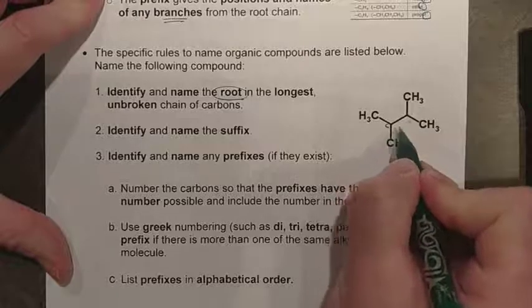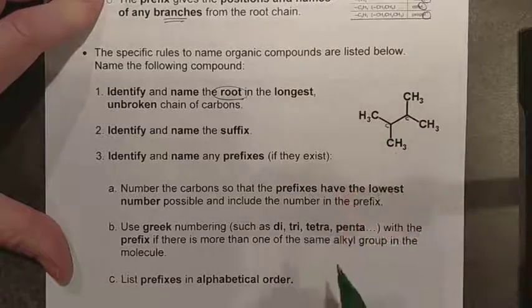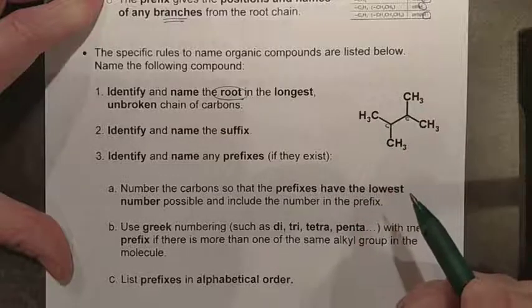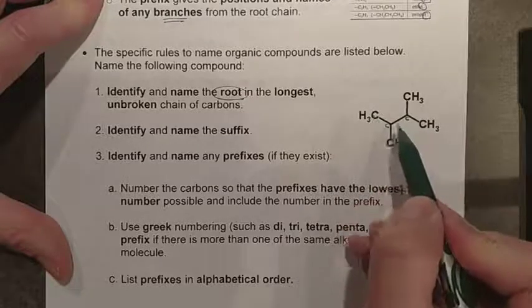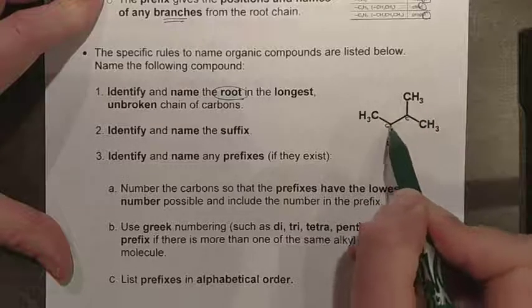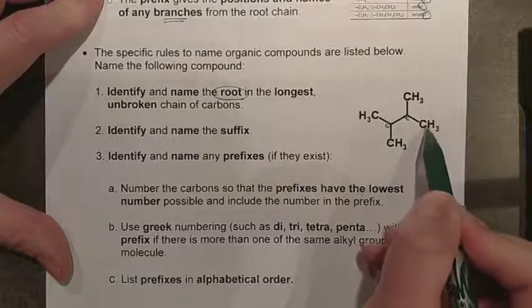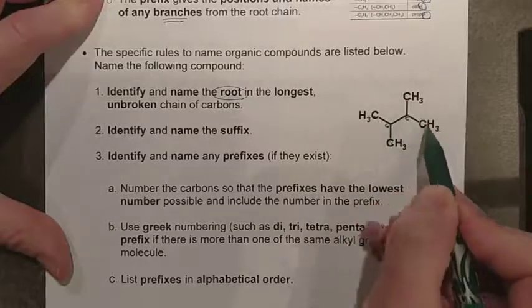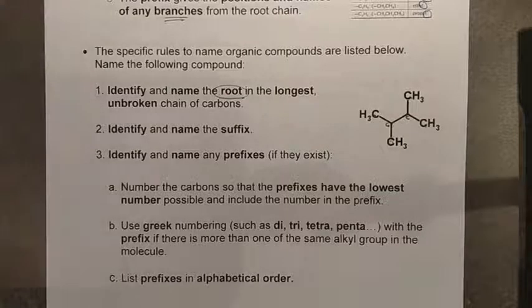Just for your help, there is one here, and there is one here. So here's 1, 2, 3. Here's 1, 2, 3, 4. You can see that there are lots of possibilities for a 3-carbon and a 4-carbon chain.